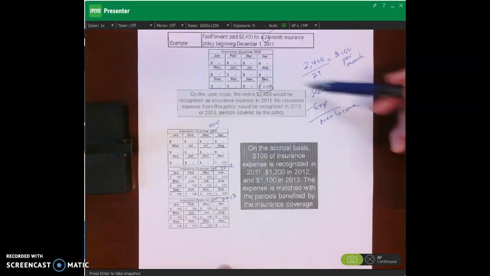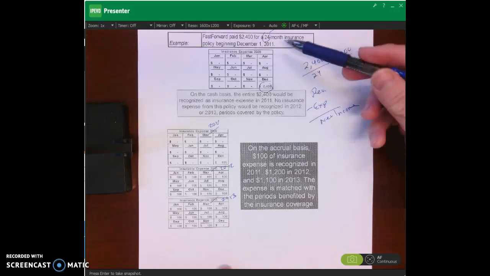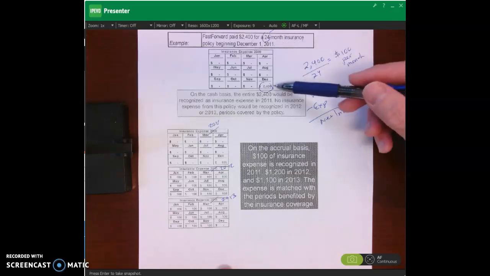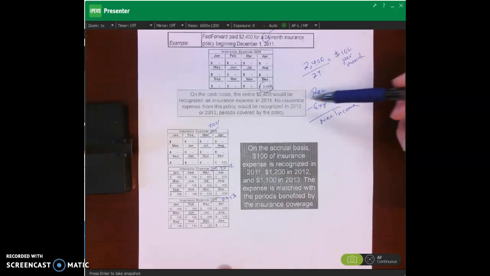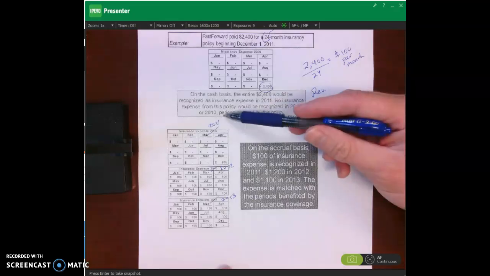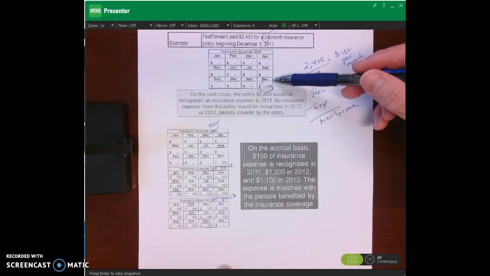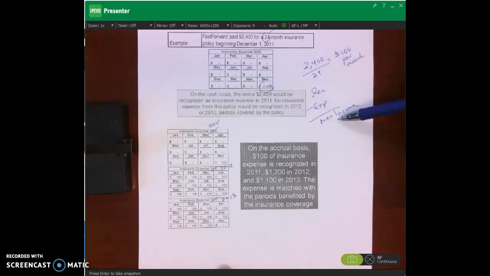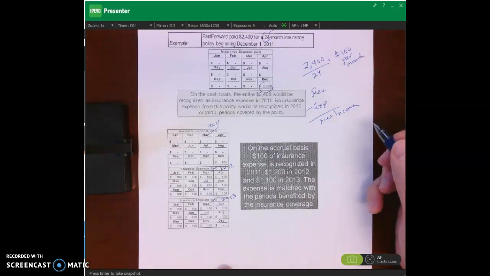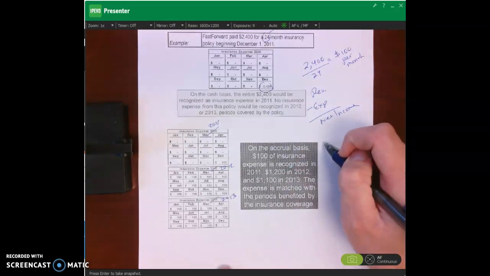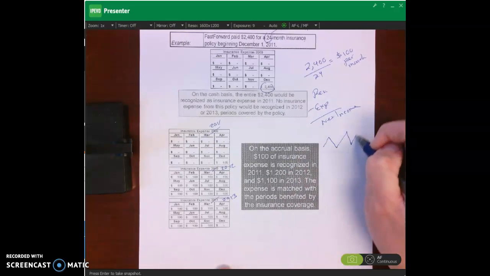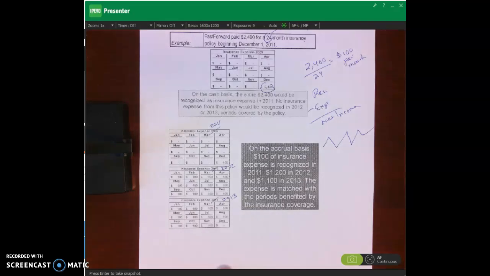If cash basis, what happens to net income in 2011? It drops by $2,400. What happens to net income in 2012 and 2013? There is no insurance expense. It was all recognized in 2011. So what happens to net income in those years? It goes up. So when you have cash basis accounting, you have the risk of net income looking like that, right?